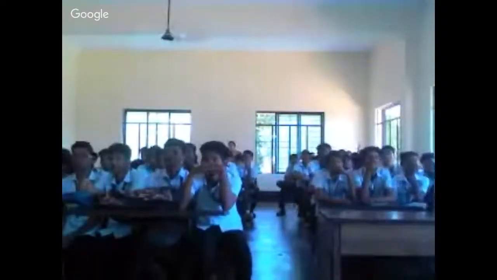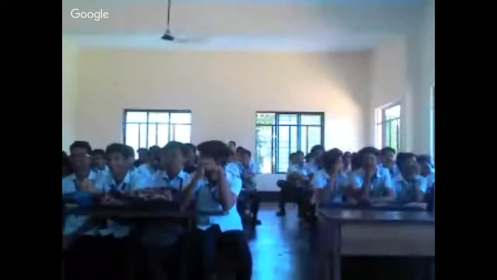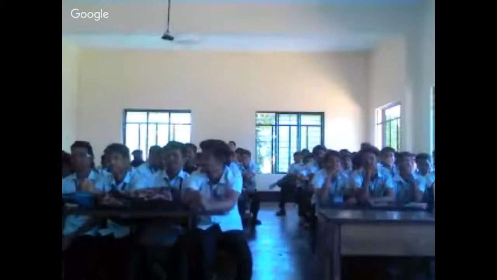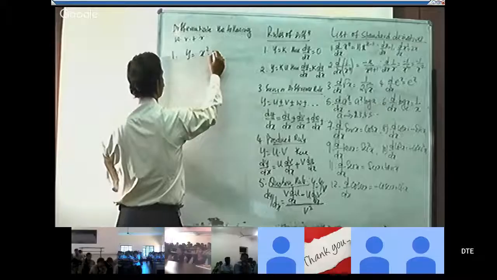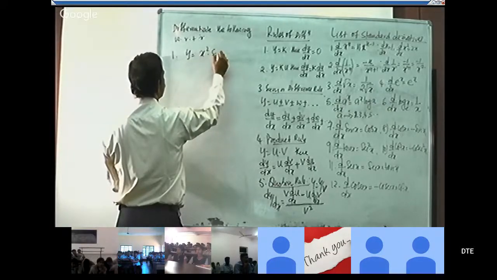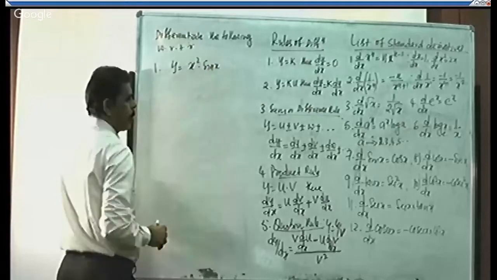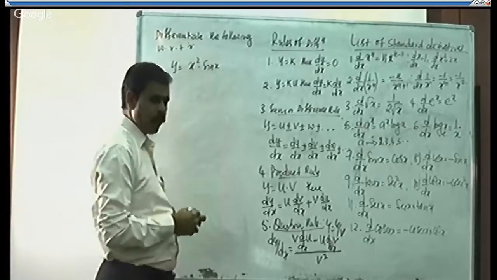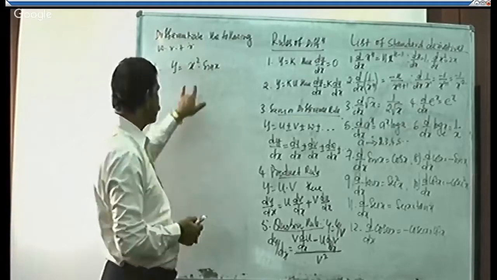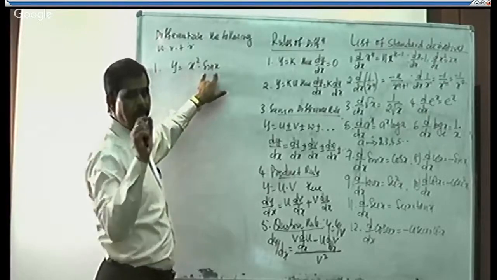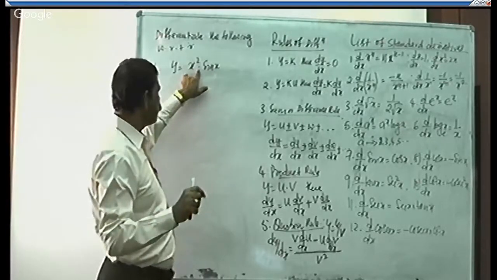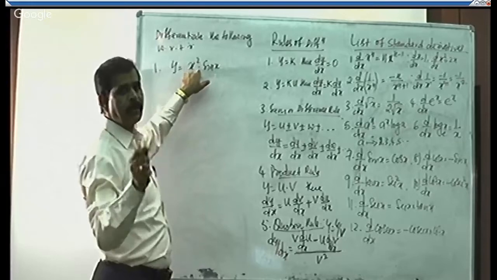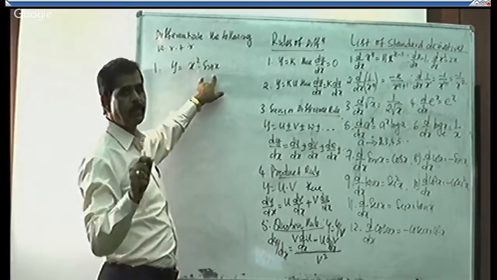Okay. The problems on the fourth rule. The fourth rule says that y is equal to what? Function into function. We have no sign between two x terms. That is the product rule. If there is a sign between, sign means plus or minus between two x terms, then what do we have to use?